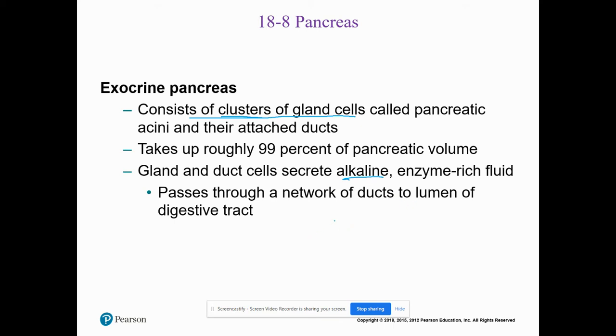So this would be where we get our insulin from, and we're not going to get into the islets of Langerhans cells, but that's where the immune system actually attacks them for type 1 diabetics or insulin dependent diabetics. Okay.